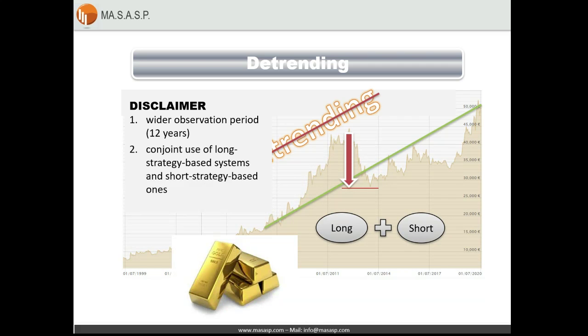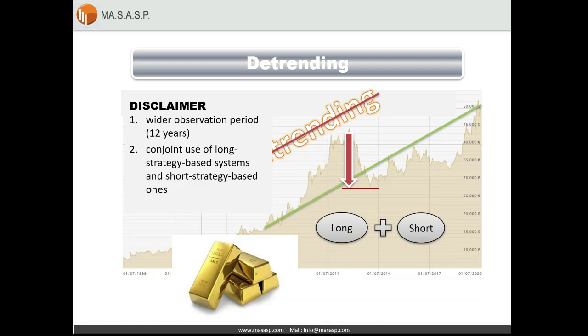Now, that said, let's depart from the MASASP combination guidelines and let us assume that the observation period is short and that there is no other system which shorts the gold contract. Hence, the performance of our long strategy-based trading system might result just from the steady uptrend of the traded contract.